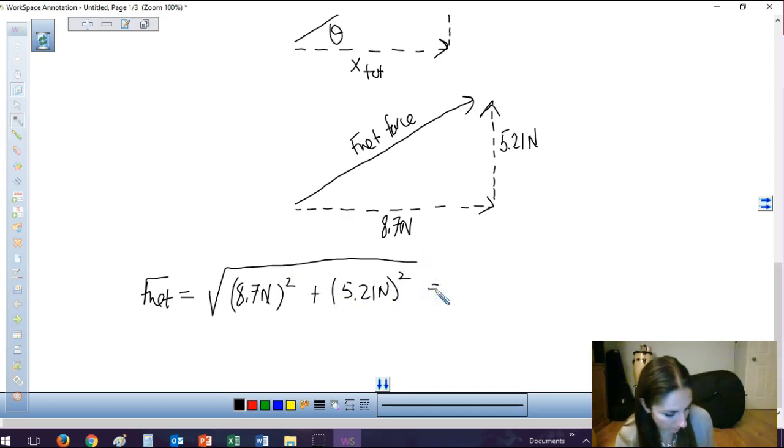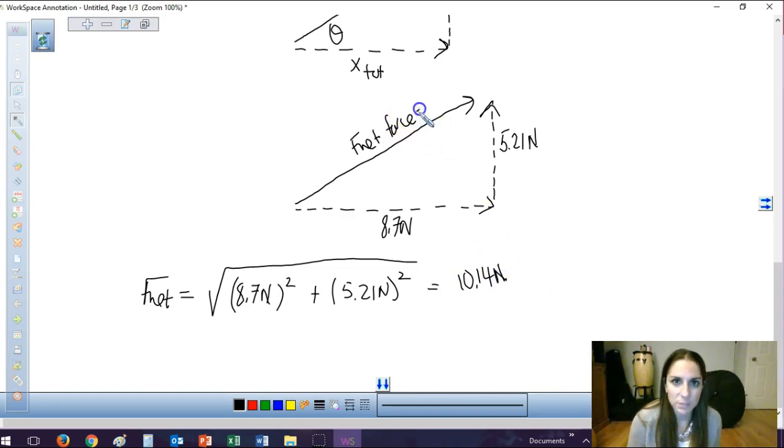So 8.7 squared plus 5.21 squared, then I square root that value. Perfect. 10.14 newtons. That's the magnitude of our force, how strong it is.